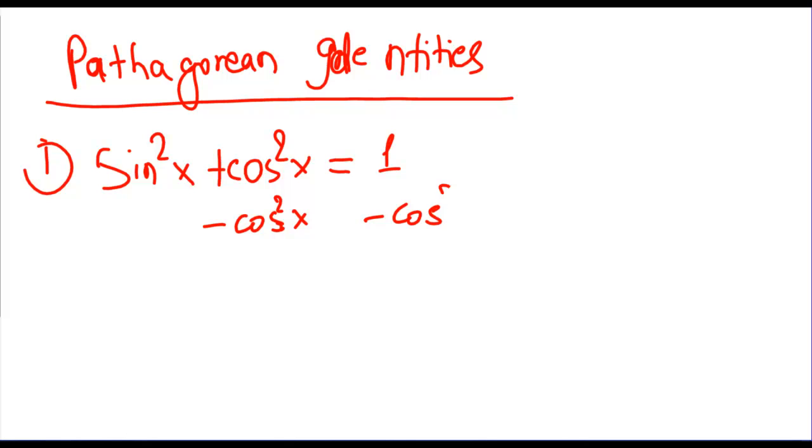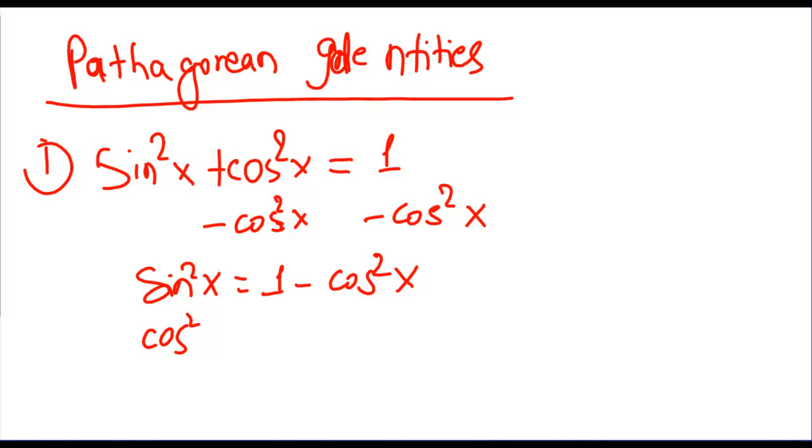Sine square x then becomes 1 minus cosine square x. Similarly, if I solve for cosine, doing the same way, I get cosine square x equals 1 minus the sine square x. So this is my first trigonometric identity, but in the Pythagorean form.